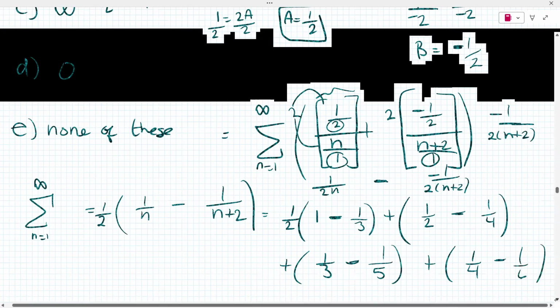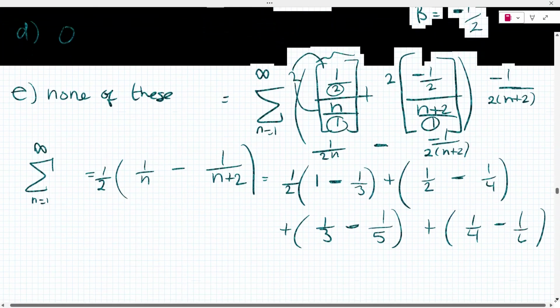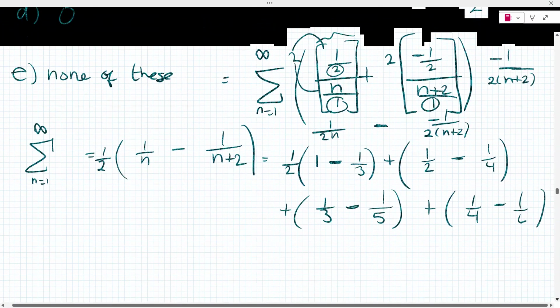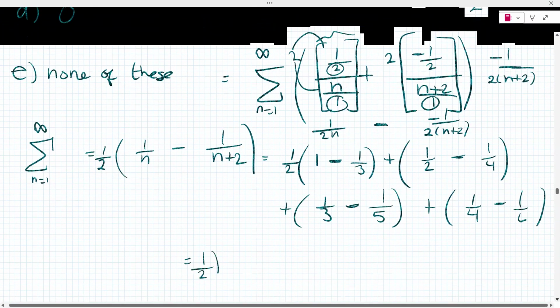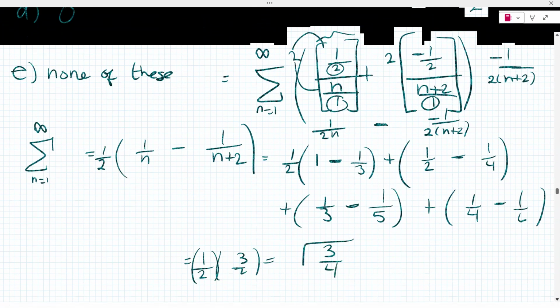You simplify that, and it's going to give you one half, three halves. Letter A.